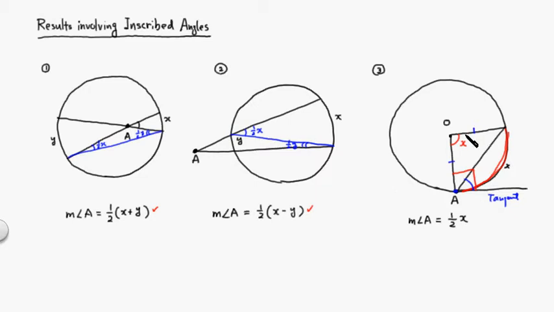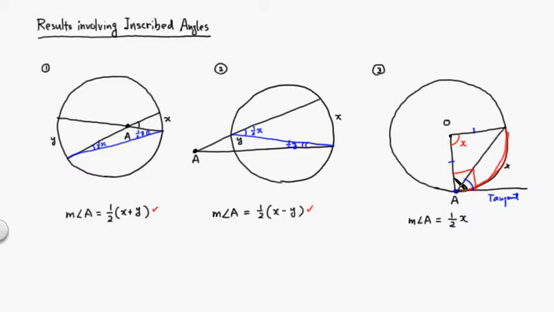Since you have an isosceles triangle, the angle sum is 180. So these two measures add up to 180 minus x. Divide by 2.